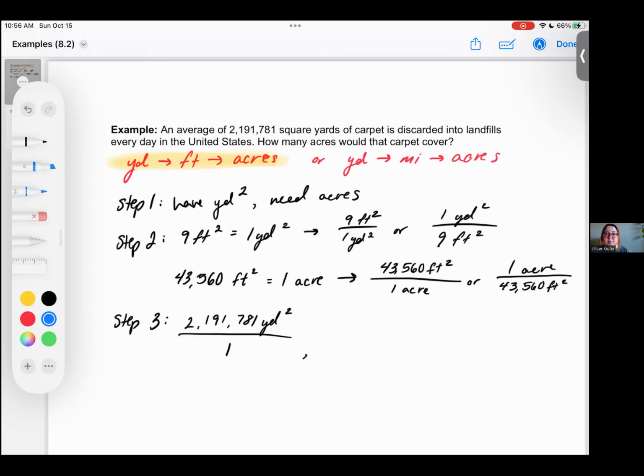When we multiply them together, they need to be across from each other so we can cancel, meaning that the ratio we'll want to use is 9 feet squared over 1 yard squared. This will allow us to cancel out those yards. See how they're across from each other? That's what we want.